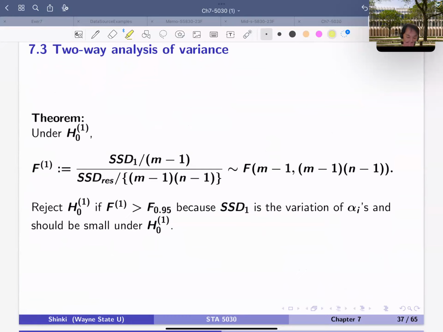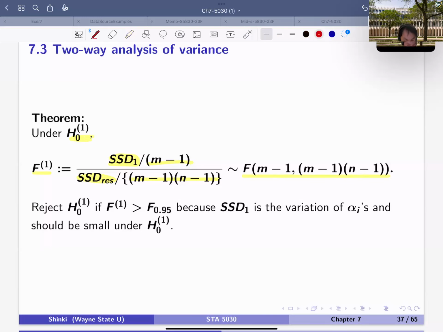So, the theorem. How to test? I mentioned that if SSD1 is relatively large, then factor 1 matters. So it's natural that we use the ratio of SSD1 divided by SSD residual, the size of the intrinsic error. Then this ratio, adjusted by degrees of freedom, follows an F distribution under the null hypothesis.